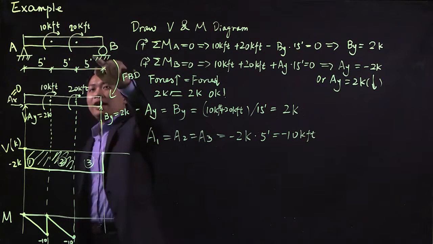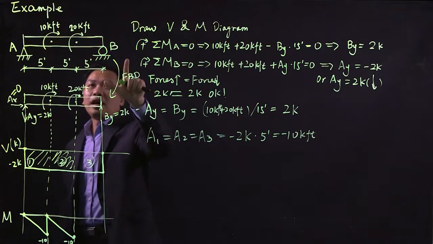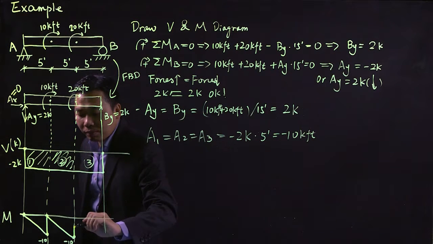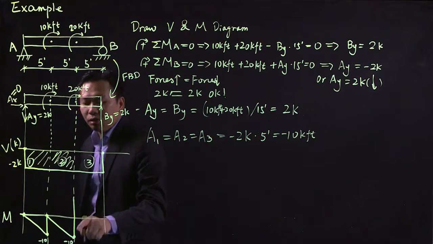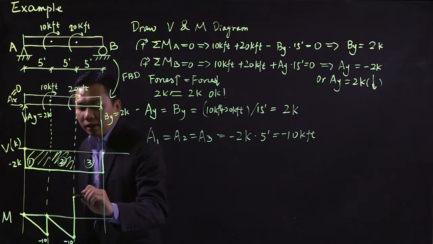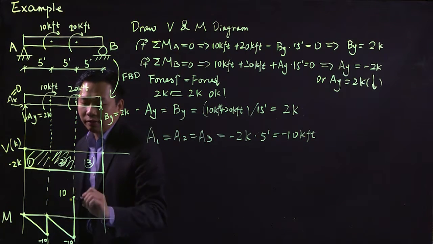And now at x equal to 10 feet, you have this concentrated clockwise moment of 20 kip feet. Then your moment diagram jumps up by 20 kip feet. You start from -10, now you add 20 kip feet, and your moment diagram ends up at 10 kip feet.